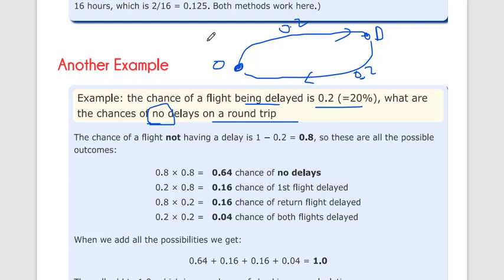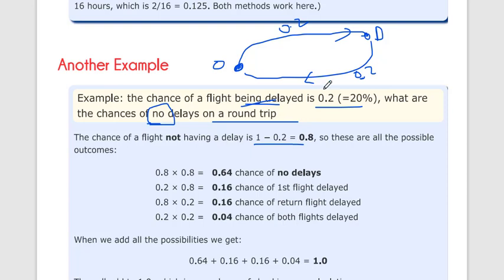But they have asked for no delay, and this probability is of being delayed. So first of all we have to find the complement, 1 minus 0.2. Why? Because the total probability is 1, so the chance of the flight not having a delay is 1 minus 0.2, 0.8.